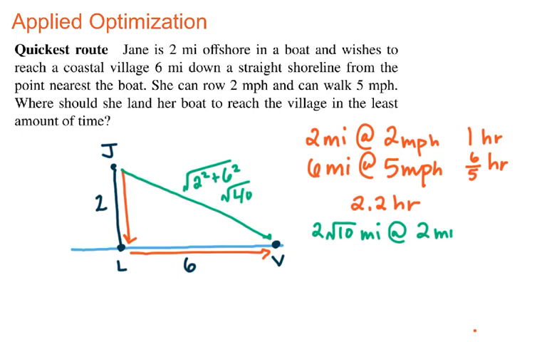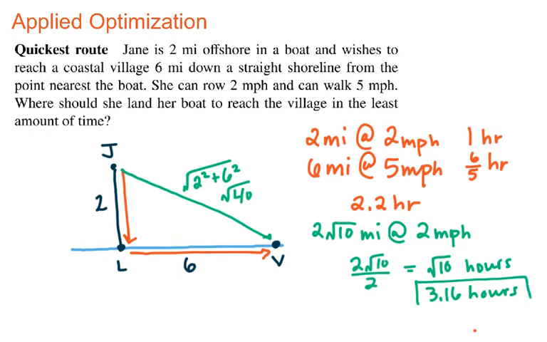at 2 miles per hour. That's going to be 2 root 10 miles divided by 2 miles per hour, which is the square root of 10 hours. And square root of 10 is approximately 3.16 hours.